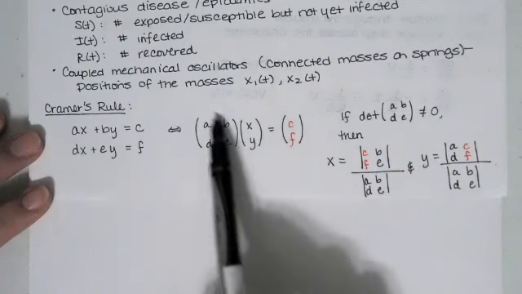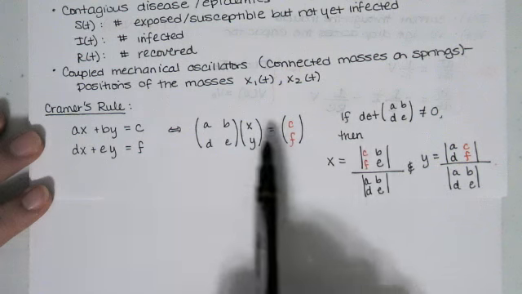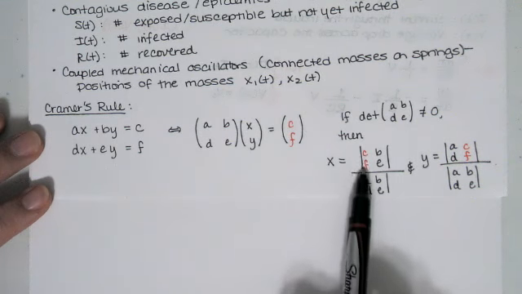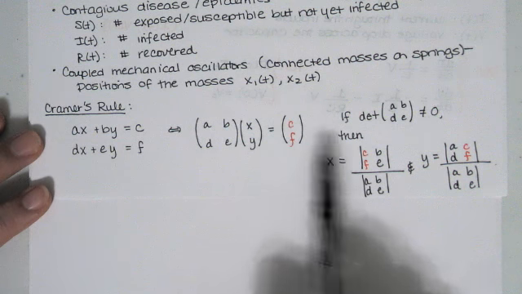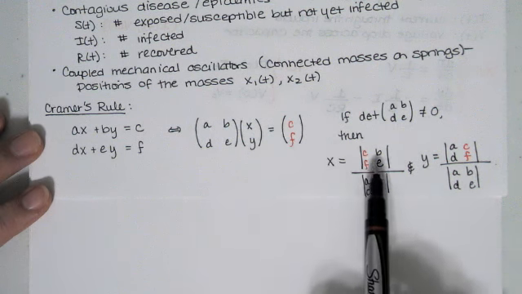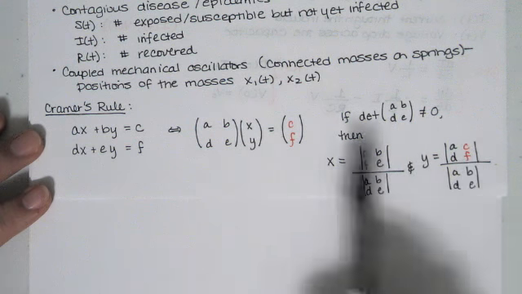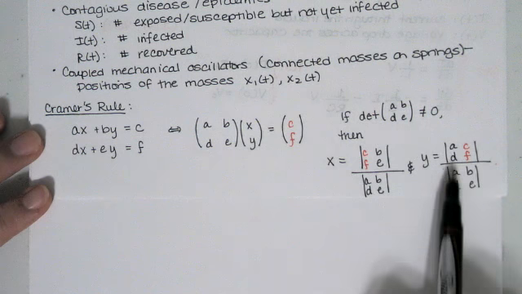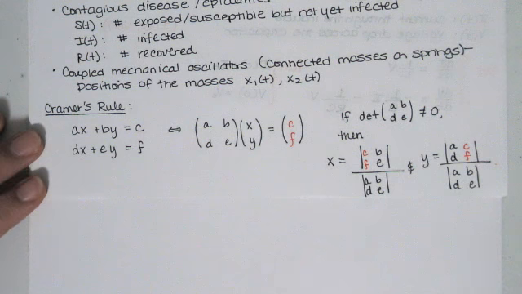You just take the determinant of this matrix over here that goes in the denominator, and then in the numerator, you replace the first column in that determinant with that right-hand side. And that's how you get x. And to get y, which is your second variable, you replace the second column with that right-hand side and otherwise leave it alone. Then if you evaluate this and evaluate this, you can get x and you can get y.